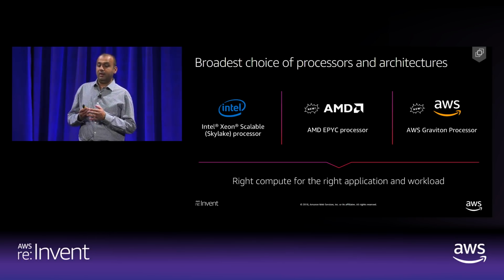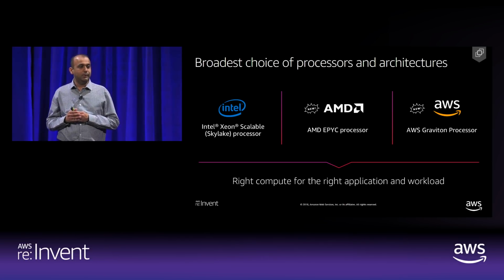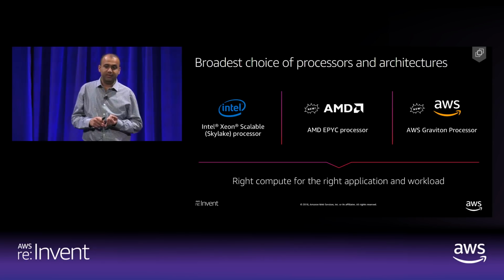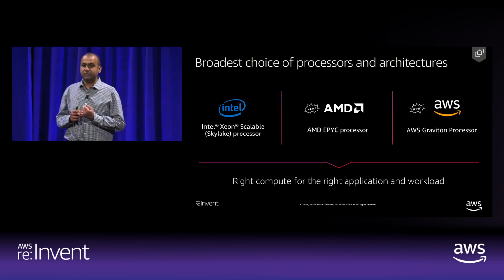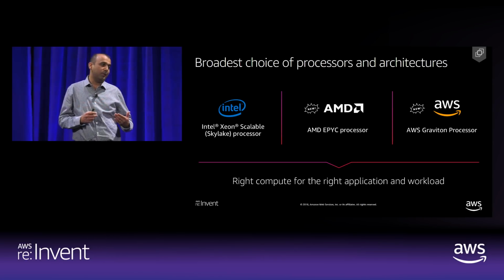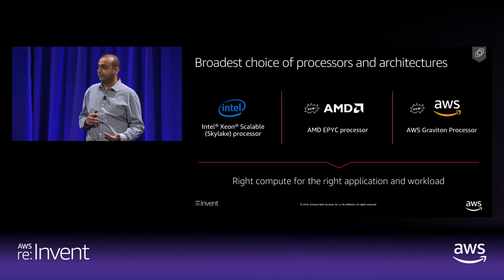And now, with our key announcement on Monday, with the introduction of the new AWS Graviton Processor, which is custom designed by AWS, featuring ARM cores, we now have support for ARM architecture in Amazon EC2 as well.